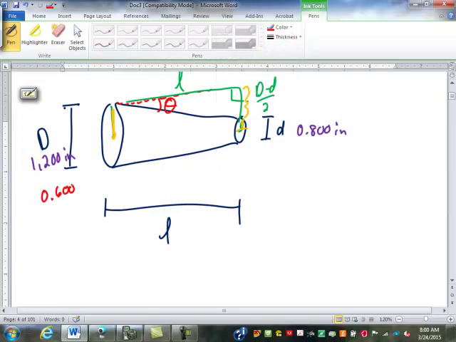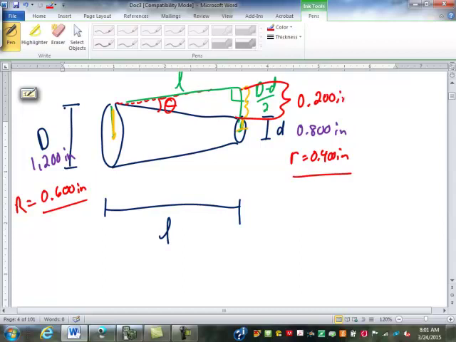This would be a 0.6 inch radius. And this would be 0.4 inch radius. So then this dimension here is the difference between 0.6 and 0.4, otherwise known as 0.2. And let's say that this is, I don't know, 6.3 inches.